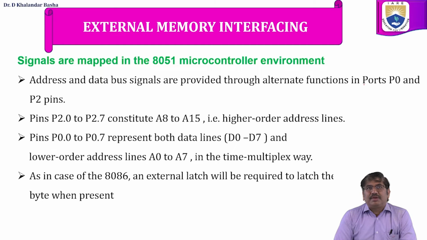The signals that are mapped in the 8051 microcontroller environment are the address and data lines, which are provided as alternative functions of port 0 and port 2. These pins act as both port pins as well as address and data lines. The port 2.0 to port 2.7 bits constitute the address lines for the upper 8 bits, that is from A8 to A15.